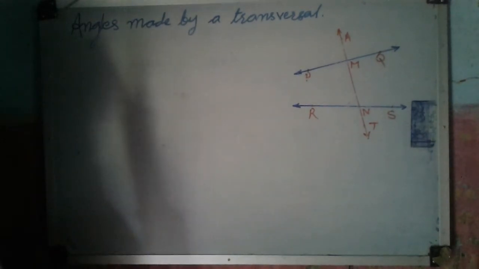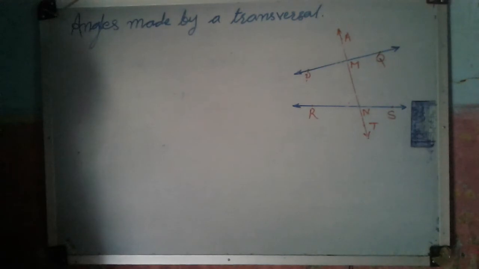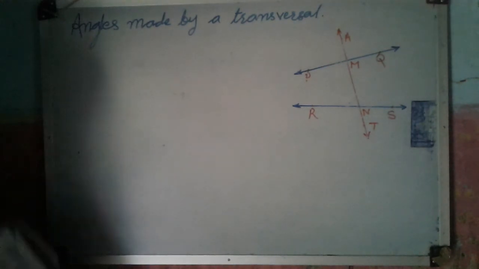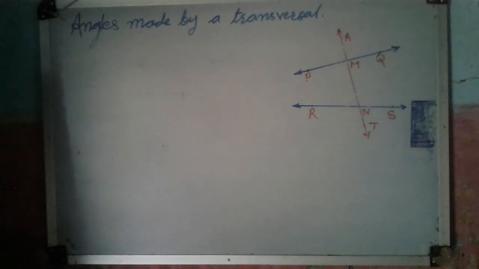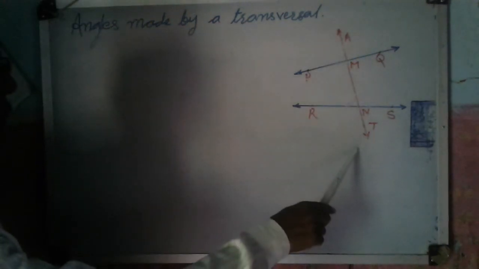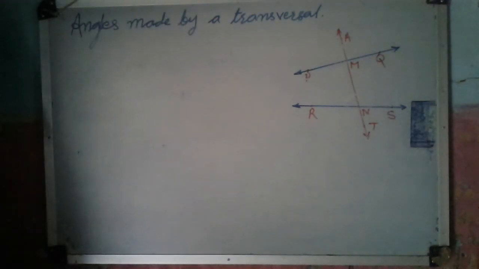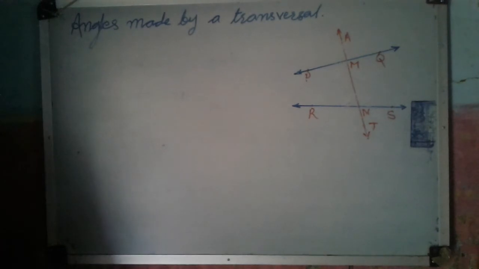Now we will find the pairs of angles such that those angles are on the same side of the transversal, and they are inside the given lines.